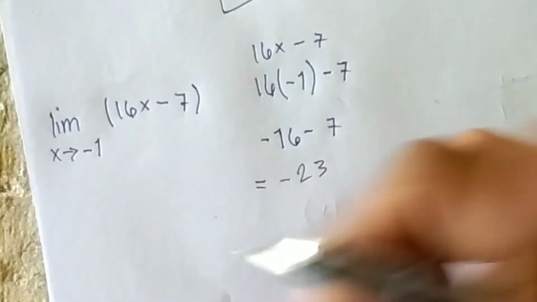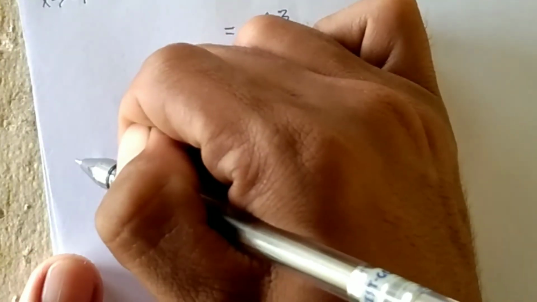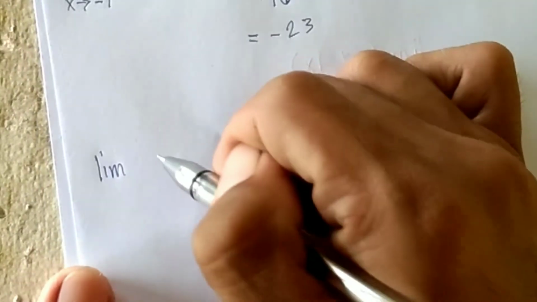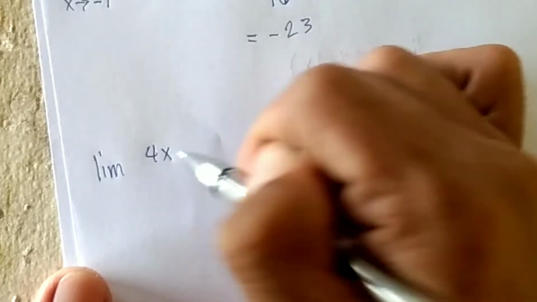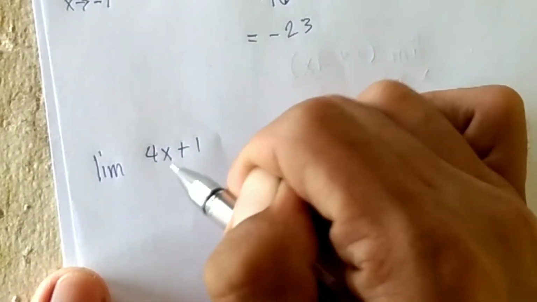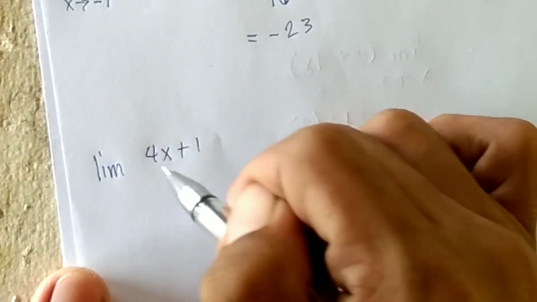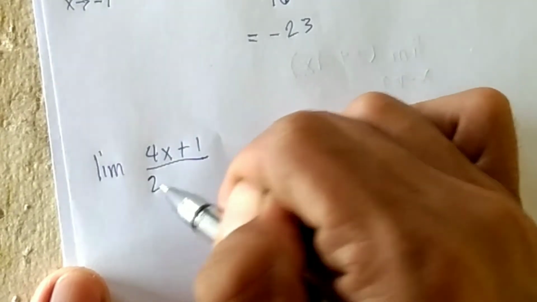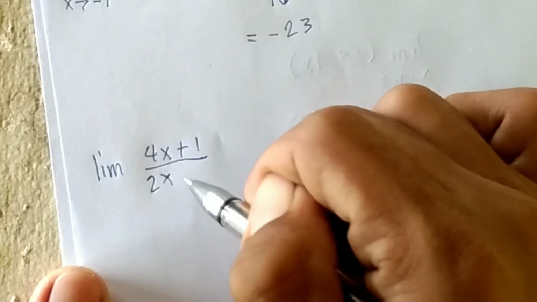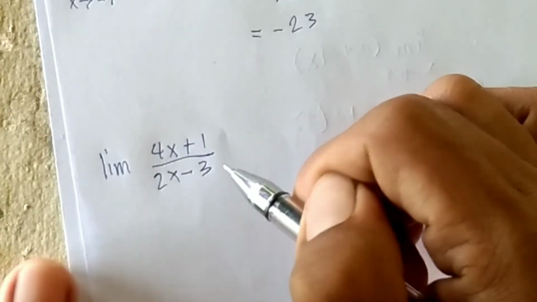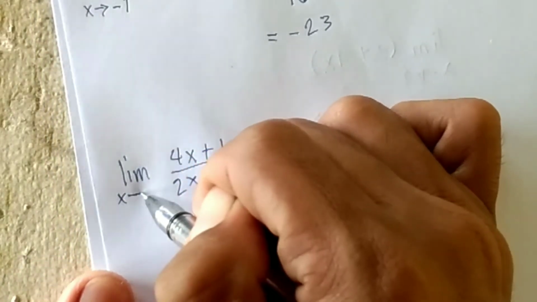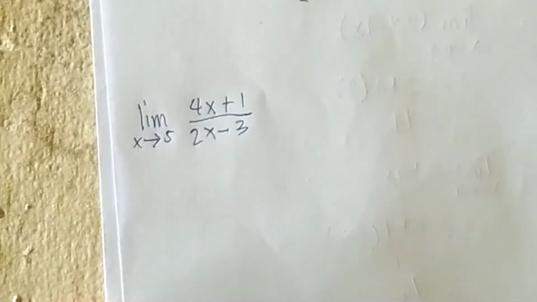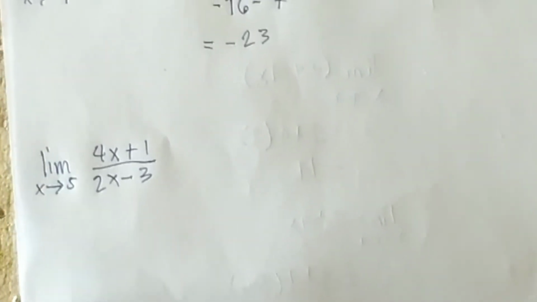Okay, so other example is limit of 4x plus 1 over 2x minus 3 as x approaches 5. So, ganito lang yung ating gagawin.